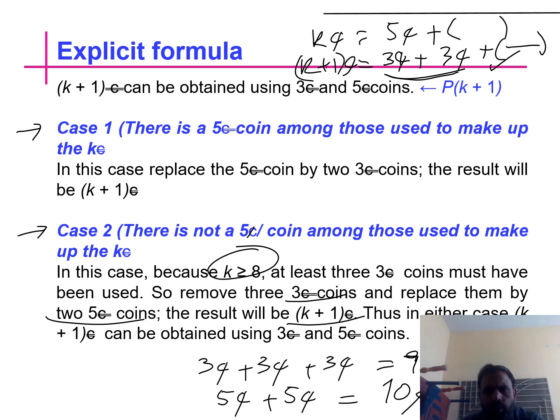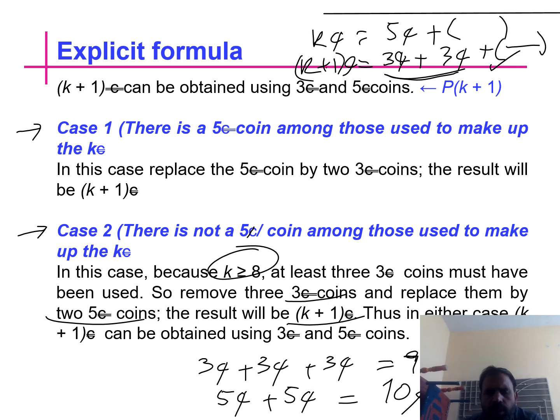In case 1, there is a 5 coin among those chosen to make up the k coins. In this case, replace the 5 coin by two 3 coins. The result will be k plus 1 coins. In case 2, there is not a 5 coin among those chosen to make up the k. In this case, because k is greater or equal to 8, at least three 3 coins must have been used.